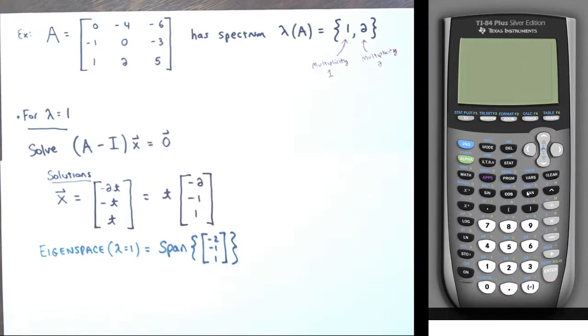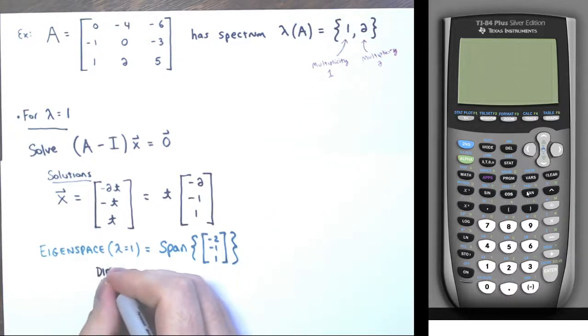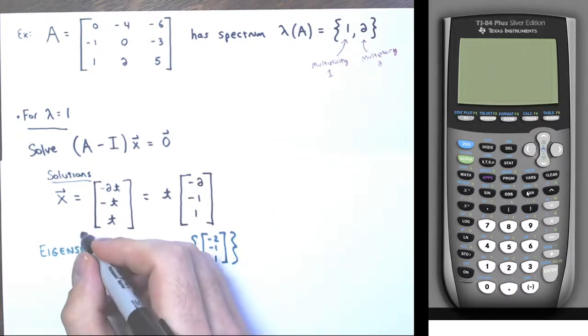And yet again, this has a dimension of 1, right? This set with the 1 vector forms a basis clearly for this vector space. The dimension equals 1.